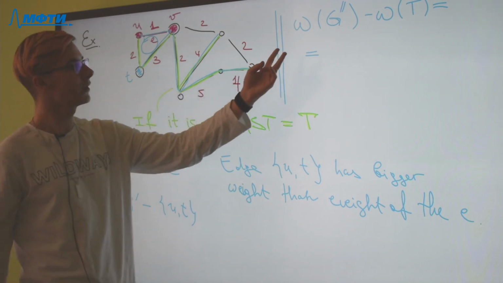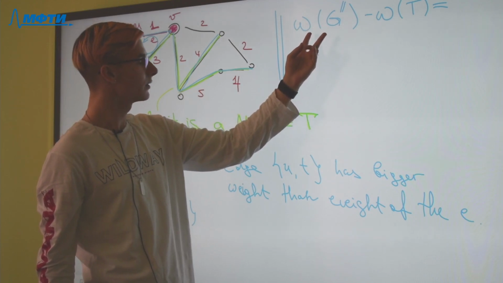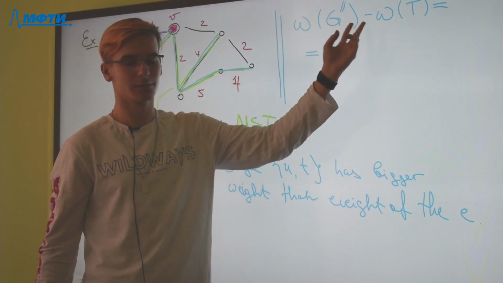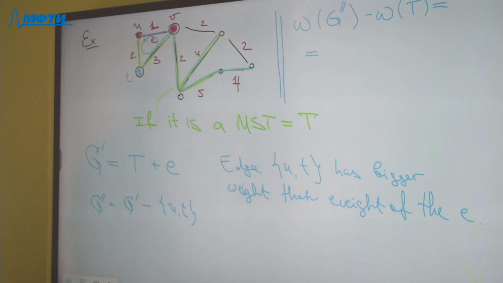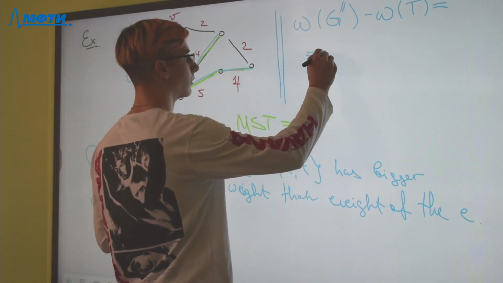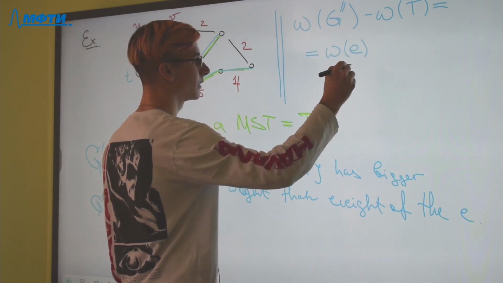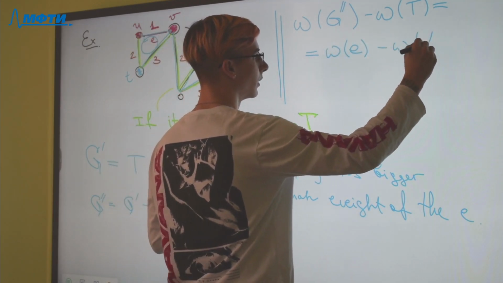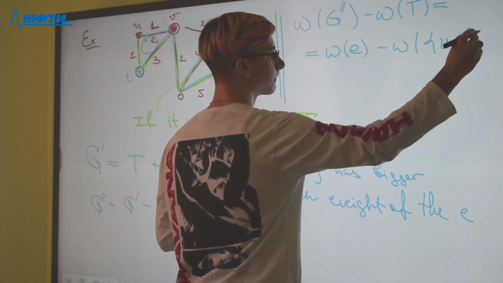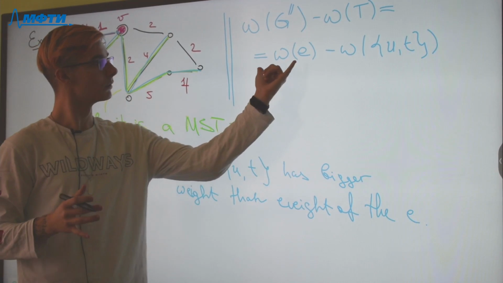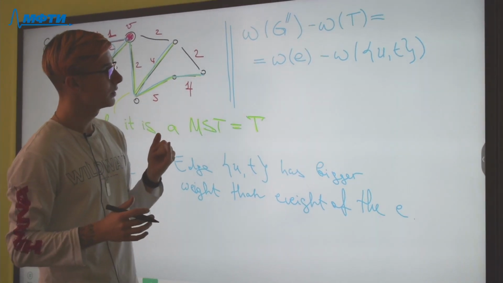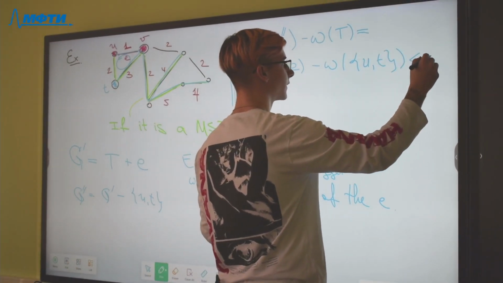So they're included in both of these sums and disappear when we find the difference of them. Okay, and then it is equal to the difference between the weight of E and the weight of edge UT. And because E has the minimum weight, we can say that it is smaller than 0.